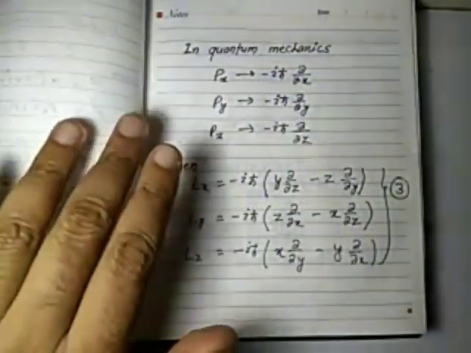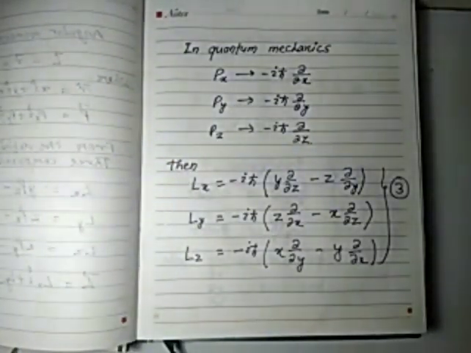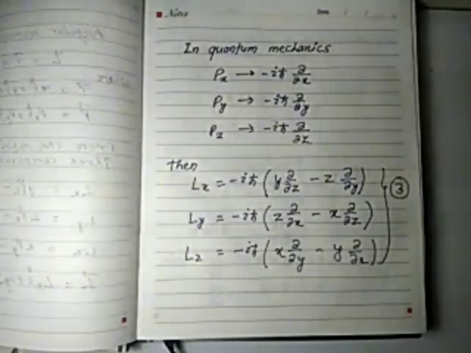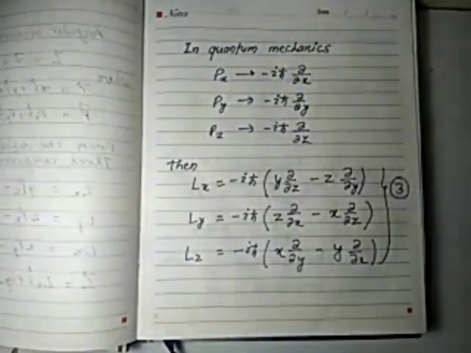Now, in quantum mechanics, we replace these quantities by operators. As we know, the position operators are simply x, y, z, and the momentum operators are written as: px is represented by −iħ ∂/∂x, py by −iħ ∂/∂y, and pz by −iħ ∂/∂z.